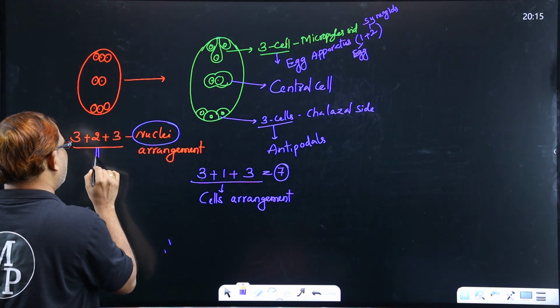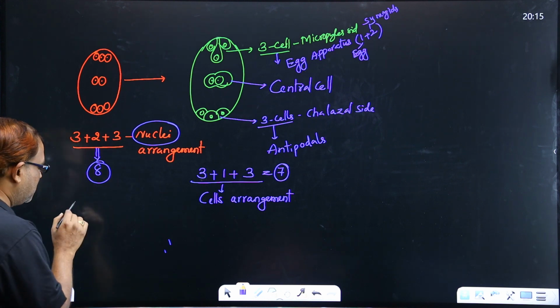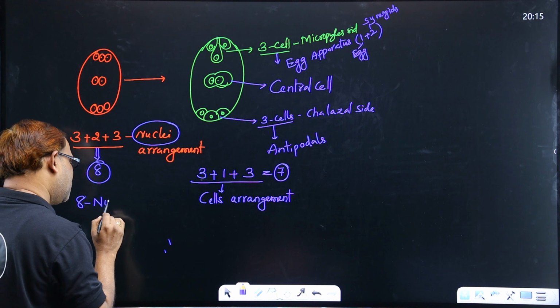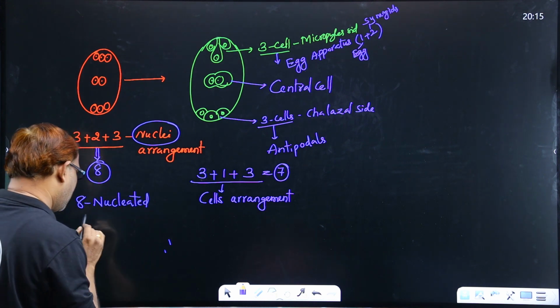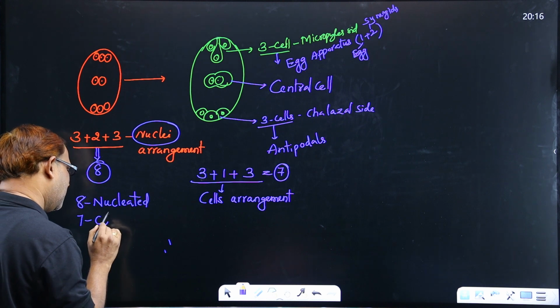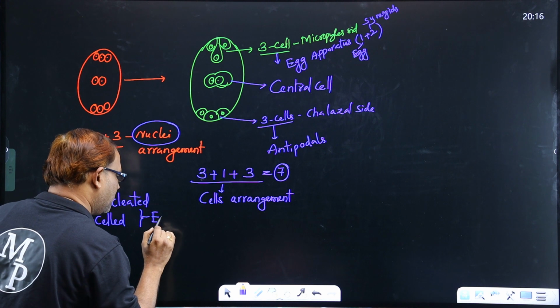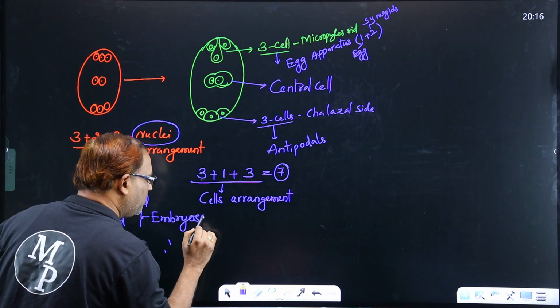How many total nuclei here? 8. So that's why the type of embryo sac is the 8-nucleated, 7-celled embryo sac.